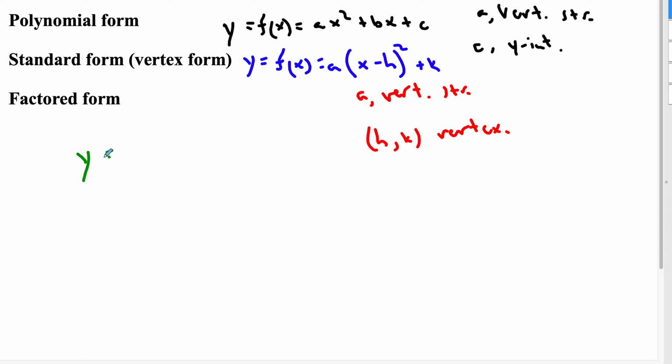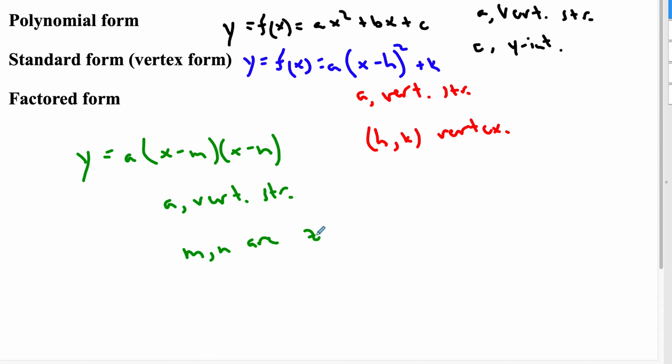Factored form. Here's a again. So a is still the vertical stretch. m and n are zeros. In other words, x equals m and n are the solutions when y equals 0.